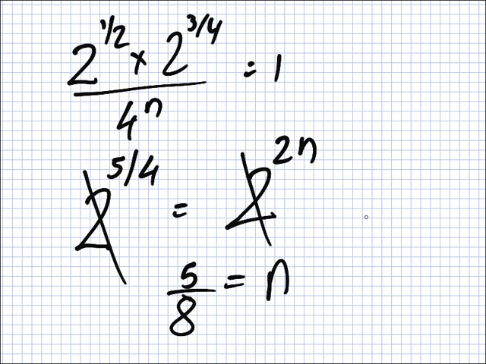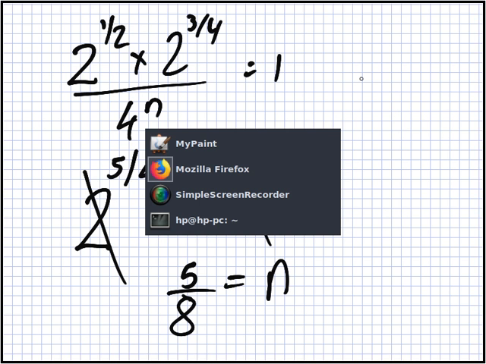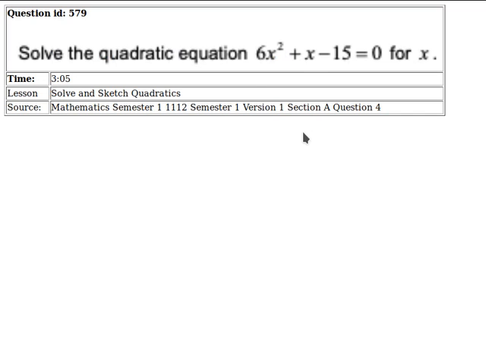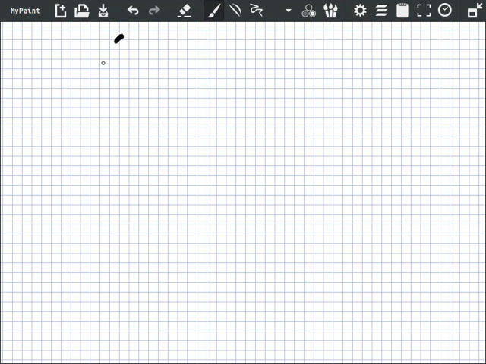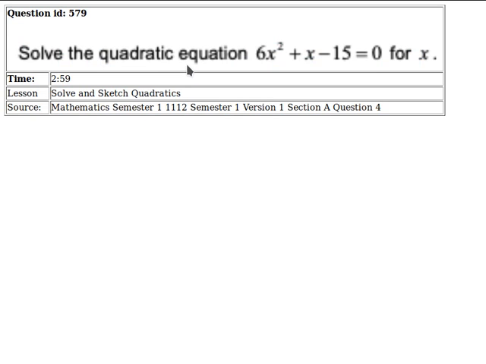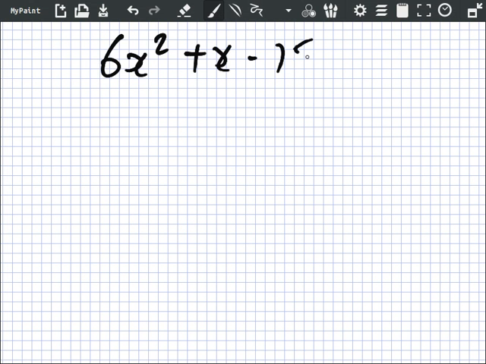Okay. Another example now. Can I switch back? Yes. We might as well just do it now. 6x squared plus x minus 15 equals 0.